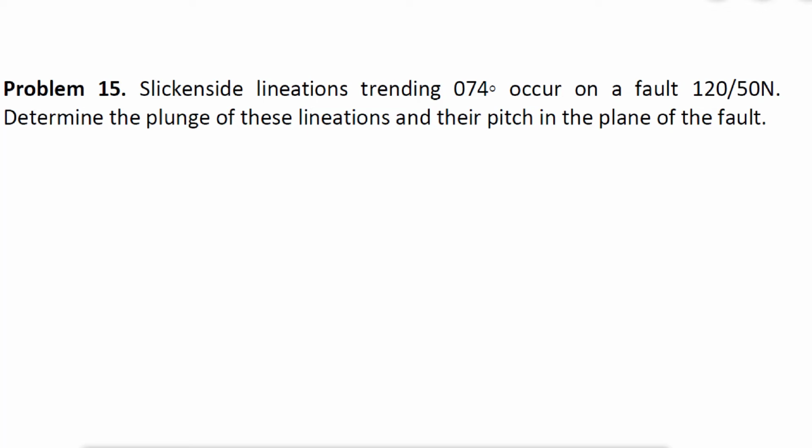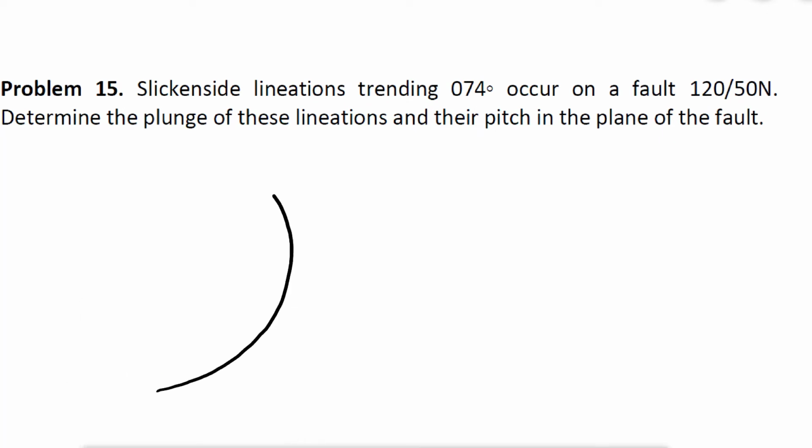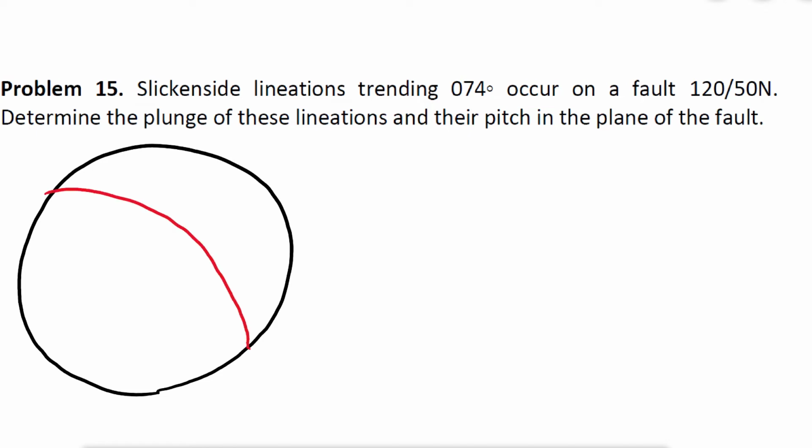So we're gonna do details on the stereonet, but let me give you a little bit of information here, what we're gonna do. First of all, you need to plot the fault. Let's say this is my fault. I have only the trend of the slickenline.